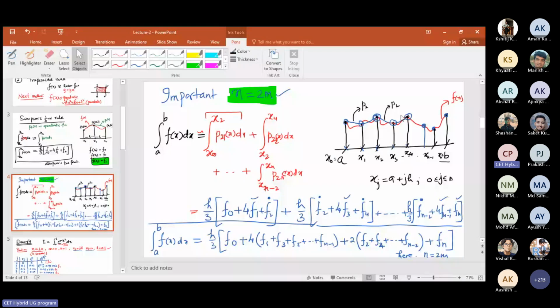So 3 plus an even number of points. So every time I proceed, I will need an even number of points. That will make the total number of points odd. In order to ensure that the total number of points is odd, I am making an even number of partitions. So an even number of partitions will make the number of points even plus 1, which is odd. I hope that clears it.